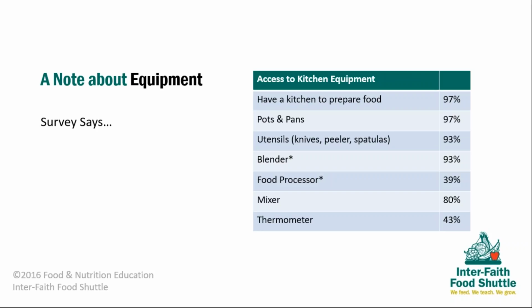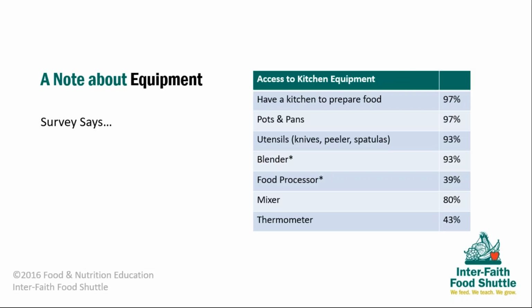So that would apply to things like smoothies or maybe sauces and dips like our spicy bean dip, those kinds of things. We would want to make sure that those work in a blender because they're more likely to have a blender than a food processor.